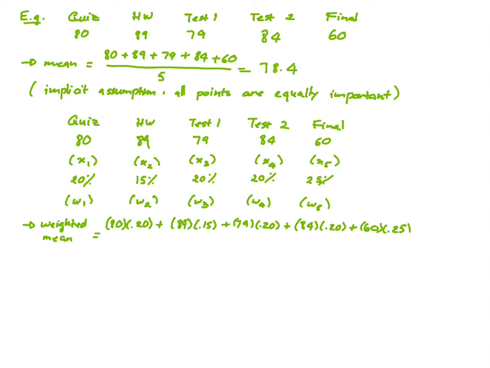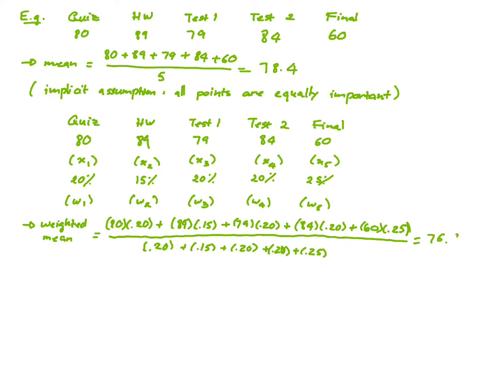And then I want to divide that by the sum of all the weights. So in the denominator, you're going to have 0.2 plus 0.15 plus 0.2 plus 0.2 plus 0.25. Okay. So if you do the math for this problem, you're going to end up with a weighted mean of 76.95. Okay.